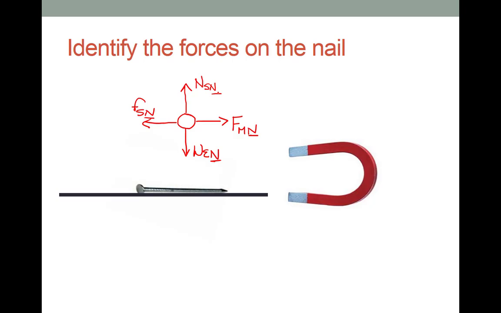So in other words, all forces that we're looking at here act on the nail, and nail is the second subscript in every case. That will always be the case with a free body diagram. If you ever have a free body diagram where the second subscript is not the object for which you're drawing the free body diagram, you're doing something wrong.